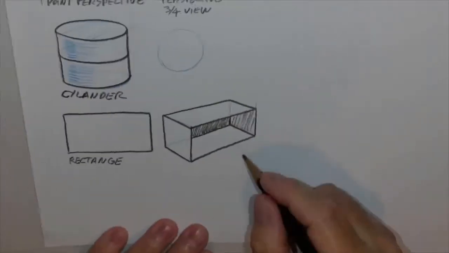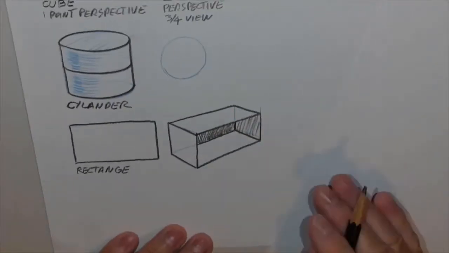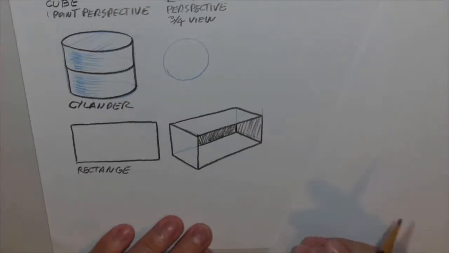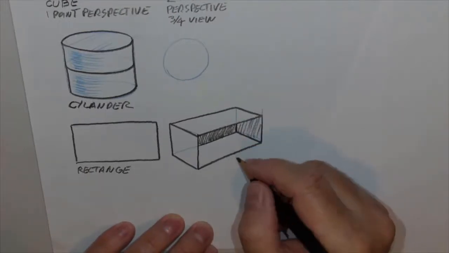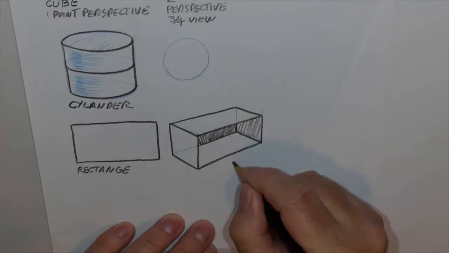So when we have a 3-dimensional view of a rectangle, we had a cube when it was perfectly square, and a rectangle, it is 2 names, 2 options here.